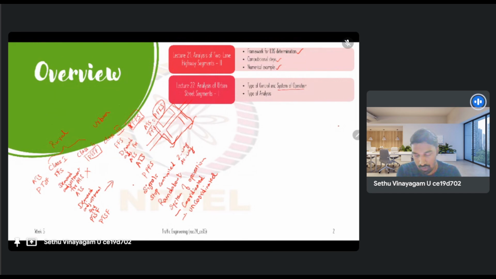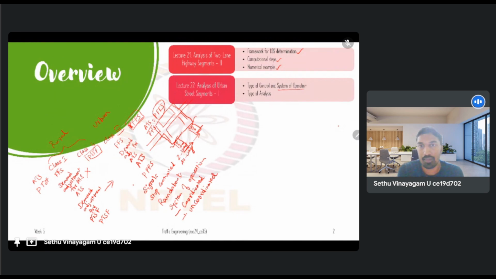So what happens in a coordinated signal? Suppose these two intersections are signalized, okay? So when this signal turns green, the vehicles pass through, and if the two signals are coordinated, by the time these vehicles reach the downstream signal, this downstream signal will also turn green, and therefore these vehicles can directly pass through without having to wait, right?